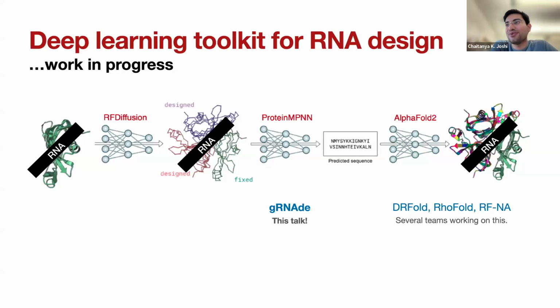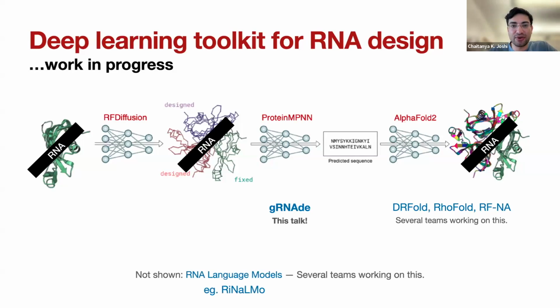But several people are working on building better RNA 3D structure predictors. And of course, RNA language models as well. So RiNALMo is a recent, pretty nice RNA language model similar to ESM. And then there's nothing public yet on the generative design side, although I might talk about this at the end of the talk.